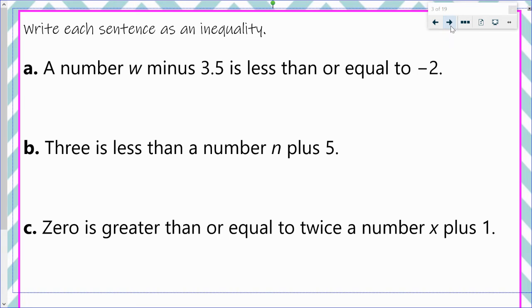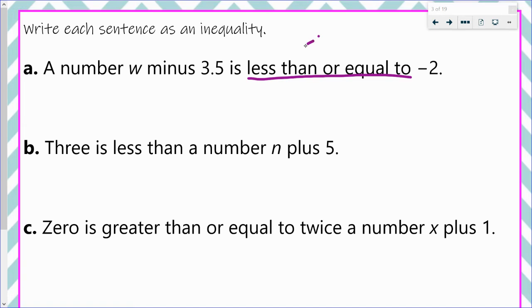So we are going to first practice a little bit with writing each sentence as an inequality. What I like to do a lot of times is underline keywords, circle things, box things out. I like to underline any words that represent a symbol that I would need. So if I have: a number W minus 3.5 is less than or equal to -2. Well, I know less than or equal to, so I'm going to put the sign underneath.